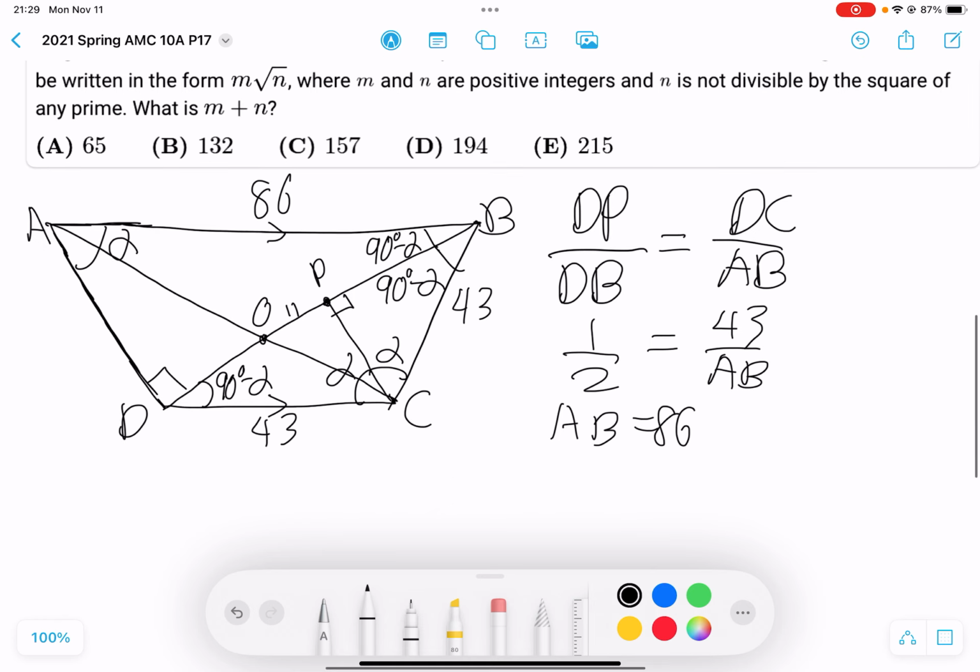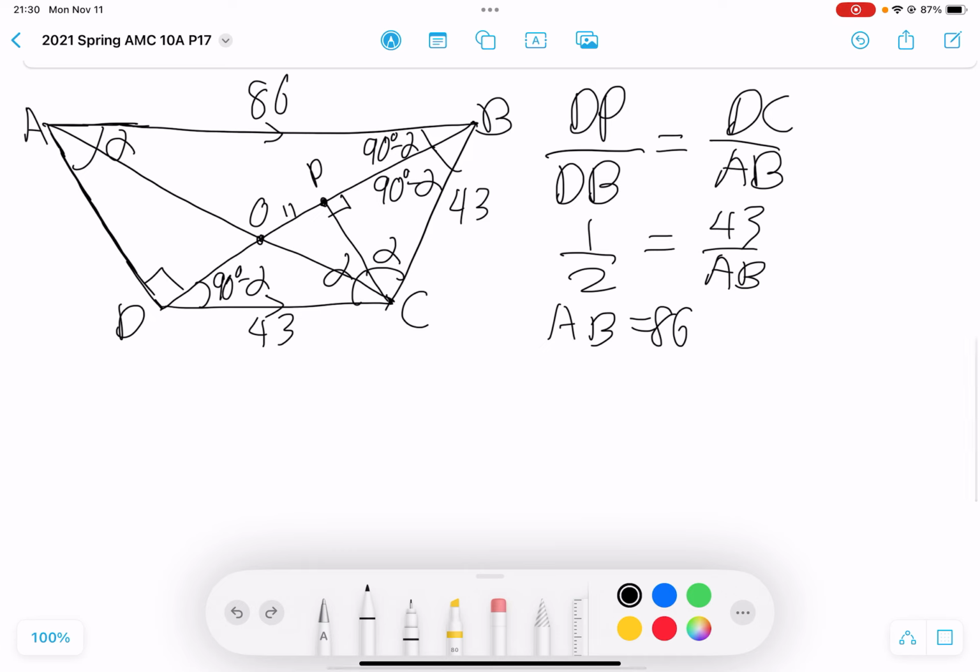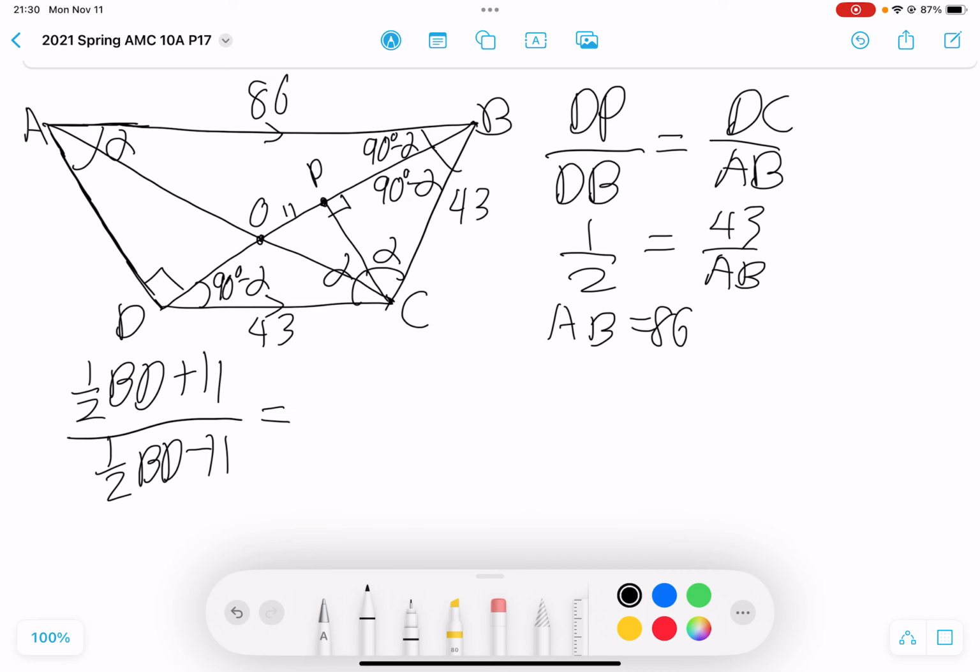We also know that triangle AOB is similar to triangle DOC. So these two sides have the same ratio as the other sides in the two similar triangles. And so the other sides have a ratio of 2. So we know that PB, or 1/2 of BD plus 11 over 1/2 of BD minus 11 is just 2.